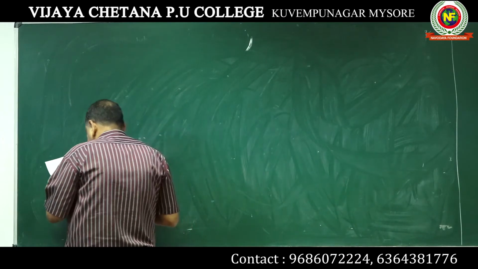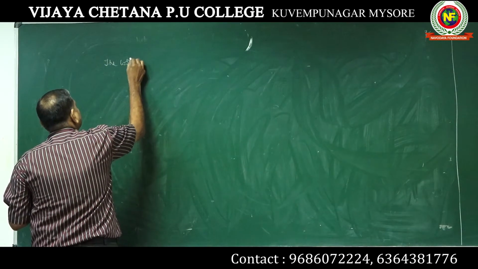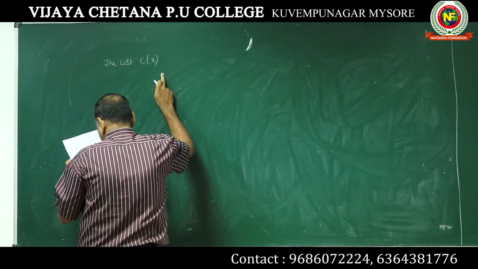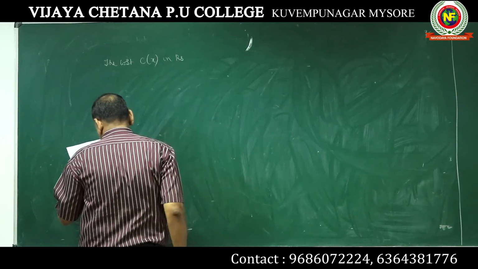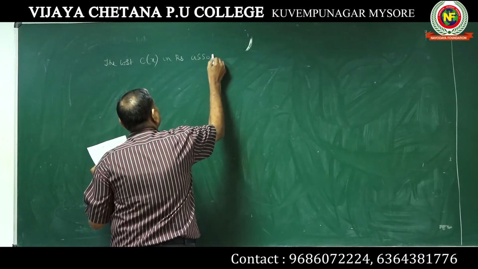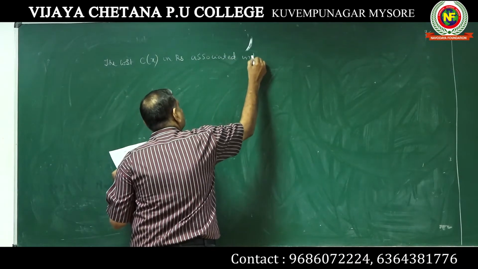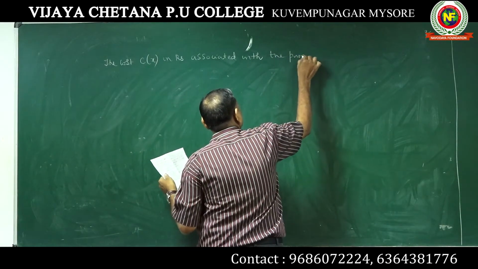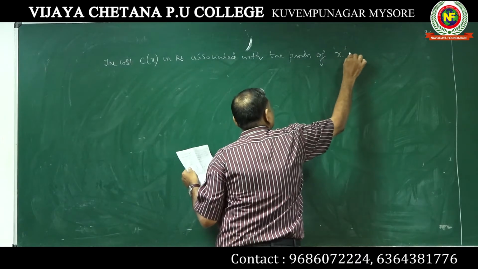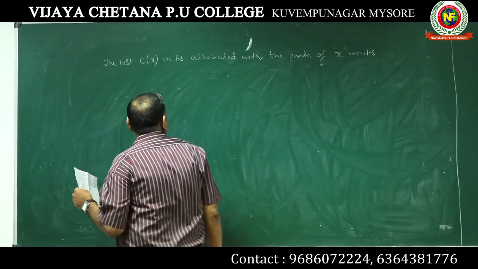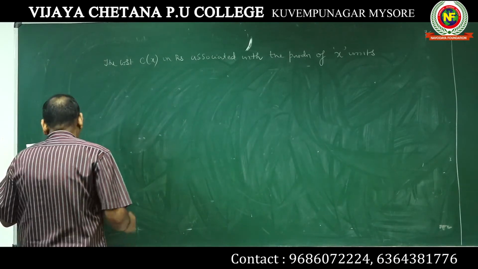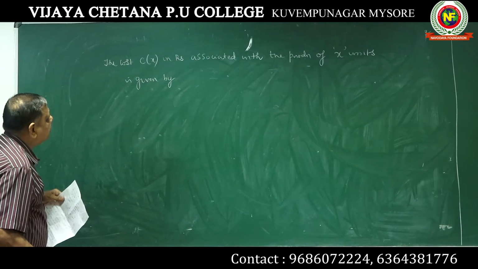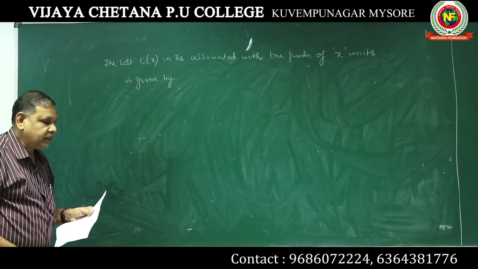One problem you can take: the cost C(x) is, it is a commerce problem actually, the cost C(x) in rupees associated with the production of x units is given by, it's a commerce problem, just see it once and go, commerce problem they should not ask, but still we cannot say whose question paper set, if this question comes it will be difficult, just see and go.